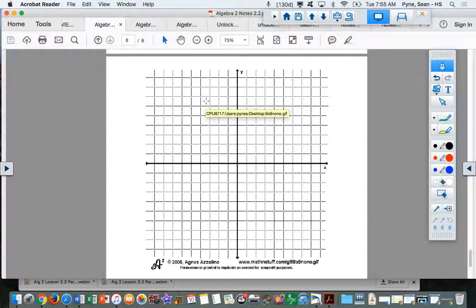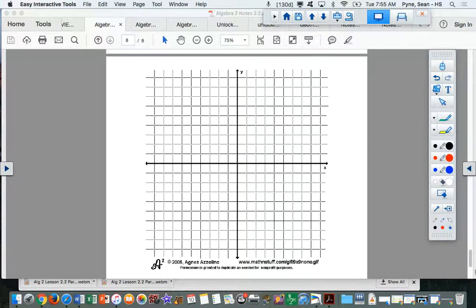All right, so we're going to graph this. I'll help you graph the first one. We'll do y equals 3 over 4x plus 2. So I start at my center. What do I do from the center?